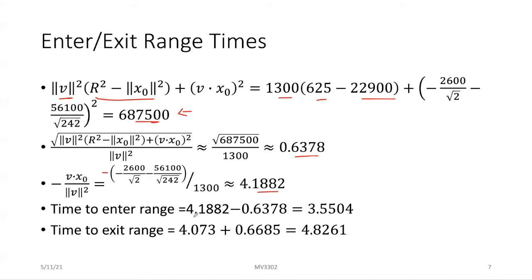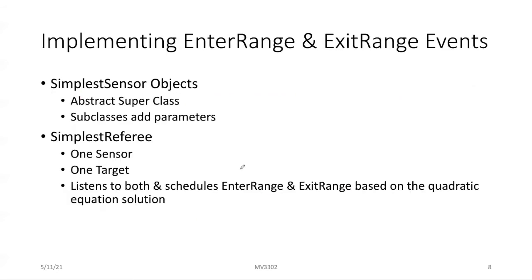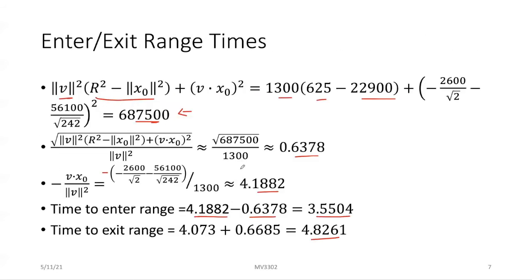And so our time to enter the range is going to be 4.1882 minus 0.6378, so it's this value, and then we can compute the time to exit the range from now to be 4.8 something. Okay, so that's how to do the calculations when they're both moving. And as you can see, it's fairly involved, but it's not really rocket science at all.